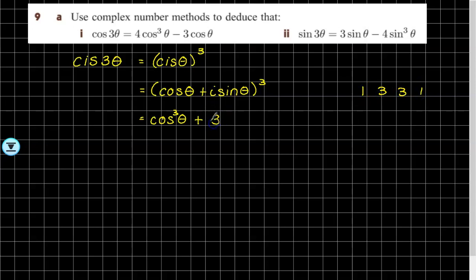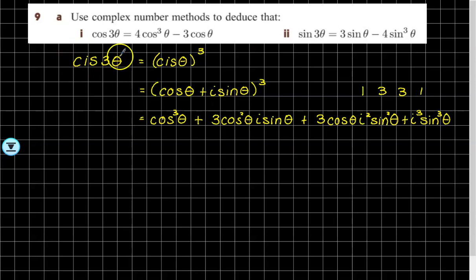So 3, first one has got the power of 2, then i sin theta, plus 3 cos now has just power of 1. And this is where you need to be careful, because your second term has got the power of 2. So this will be i squared sin squared theta plus the last one, i cubed sin cubed theta.